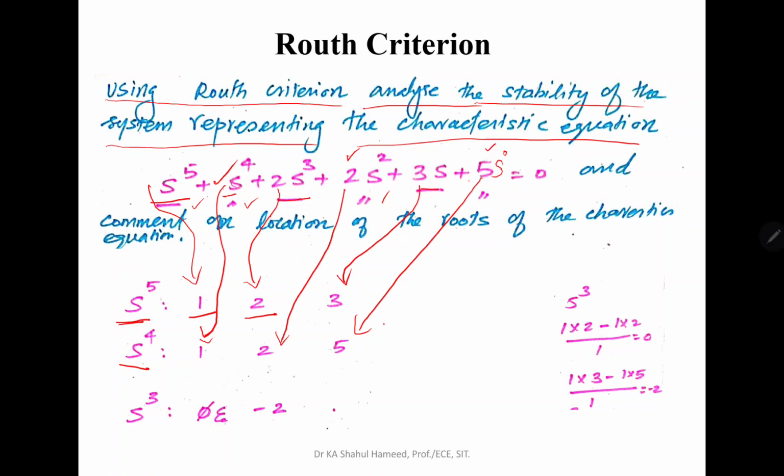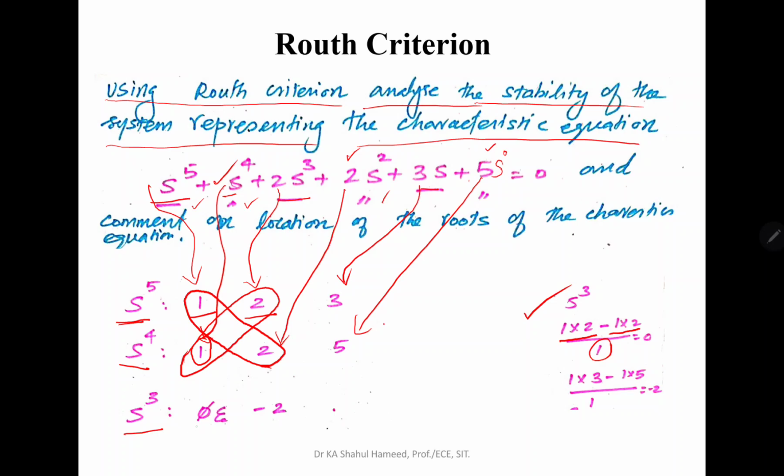Now we have to form the third row, that is s^3. Here we have to find the first coefficient by multiplying 1 and 2 minus these two coefficients, that is 1 into 2 minus 1 into 2 divided by 1 is equal to 0.